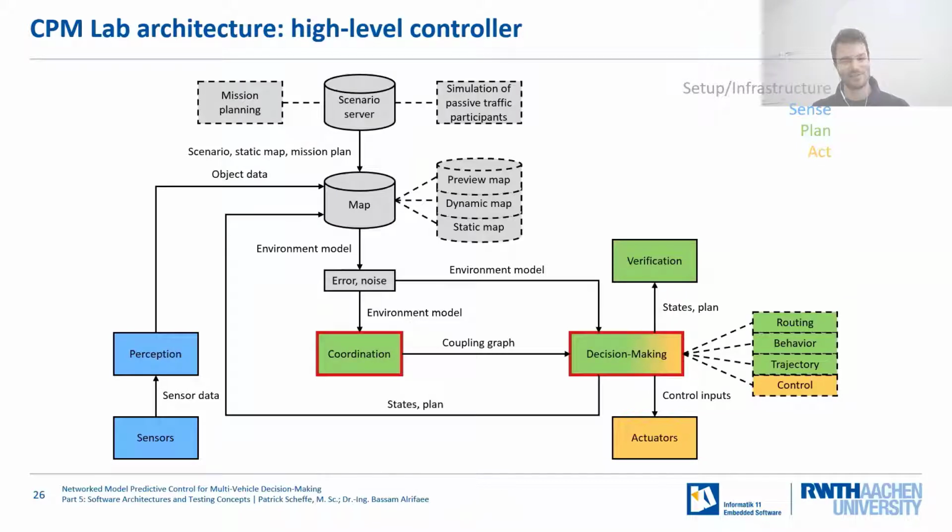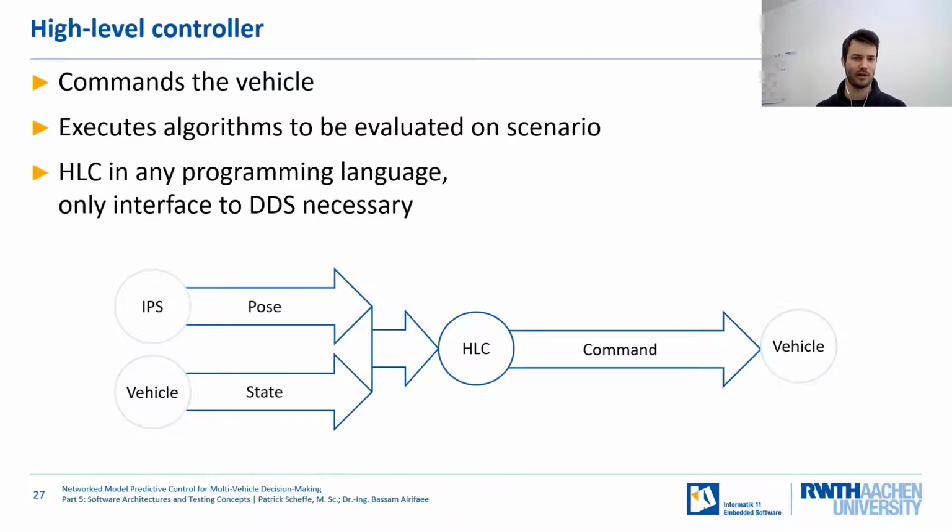So the high-level controller is, of course, in the planning sector here. Its responsibilities are decision-making, and also if you have a network scheme, then you need some sort of coordination between your high-level controllers. Responsibilities are sending commands to the vehicles, and it executes your algorithm that you want to evaluate on a specific scenario.